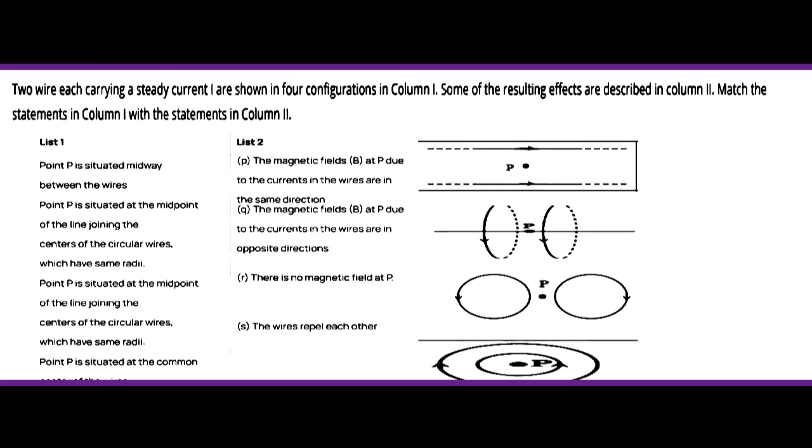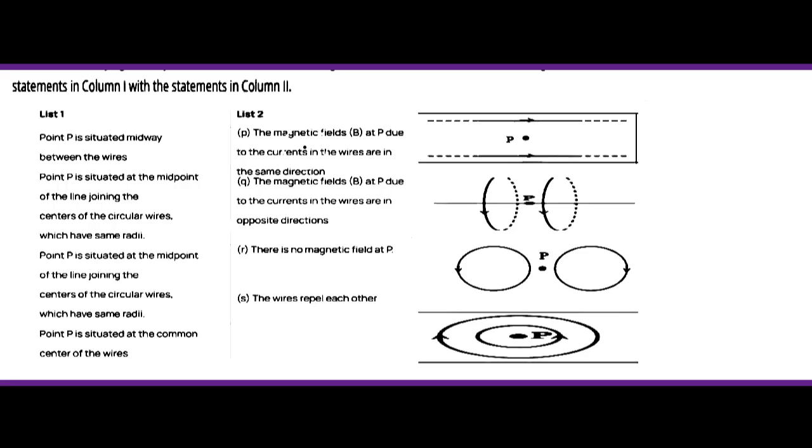As we can see, the first one says the magnetic field due to current in the wires is in the same direction. No, they are in opposite directions. It means this option is right, and there is no magnetic field at P. This is also true for the other option, because they are equal and opposite, so there is no magnetic effect and the resultant field is 0.